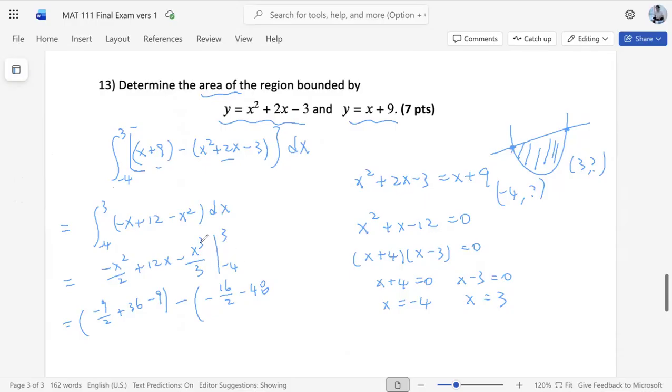Then -4 cubed is still negative, negative become positive. So 4 cubed, 64. 4 times 4, 16. 16 times 4, 64. Divided by 3.